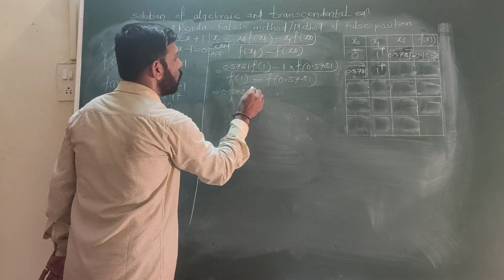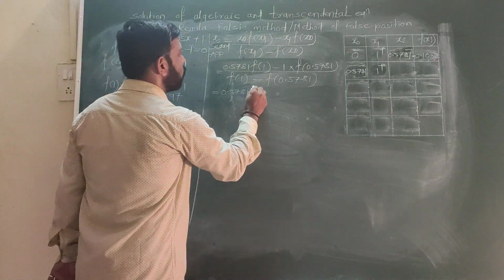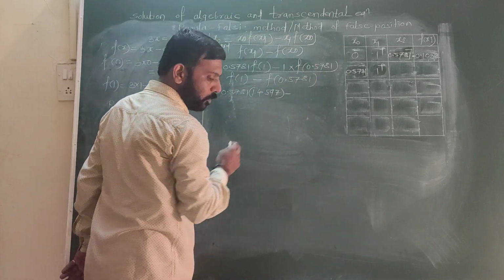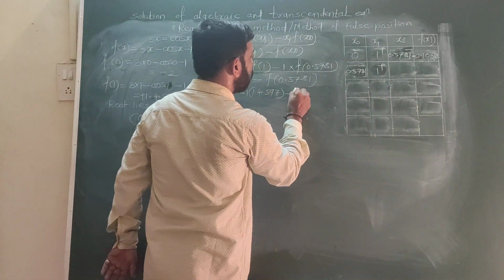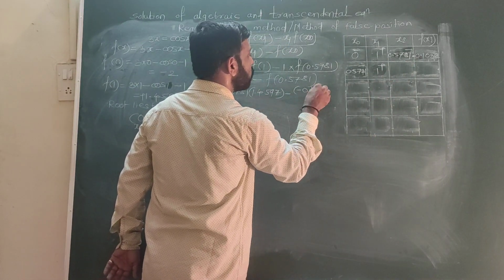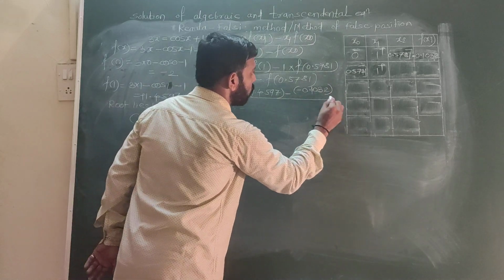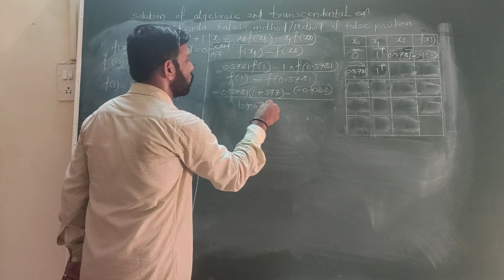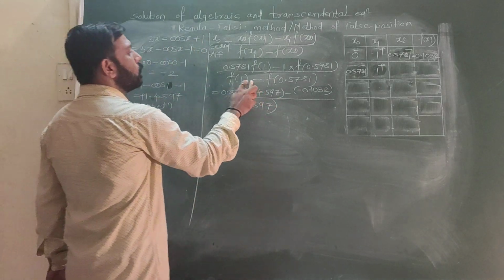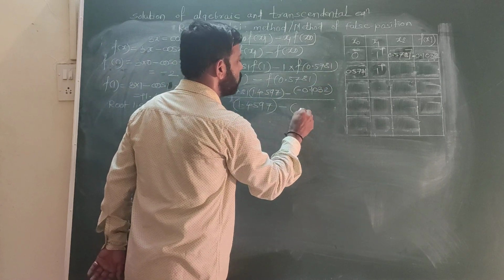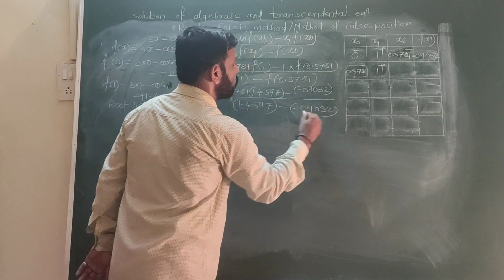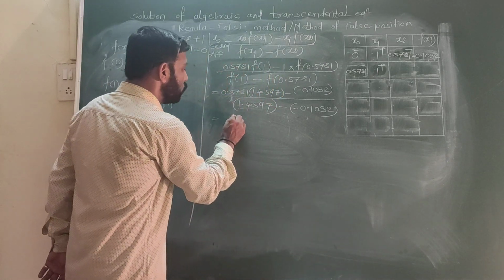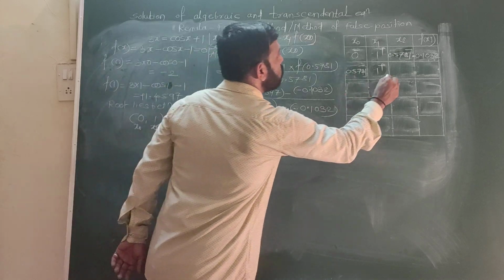Calculated value f(1) is 1.4597, 1 into, so directly that value previously written here, minus, upon 1.4597, this f(1) value and f of this value. Calculation for the second approximation, x2, becomes 0.6060.